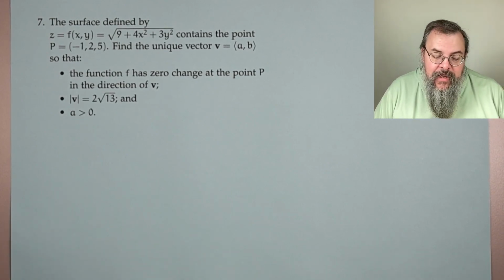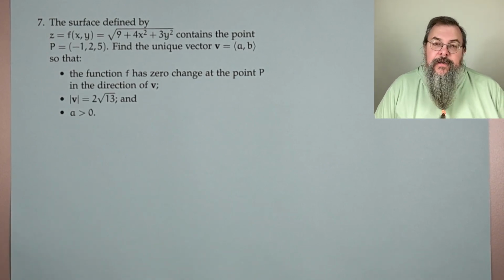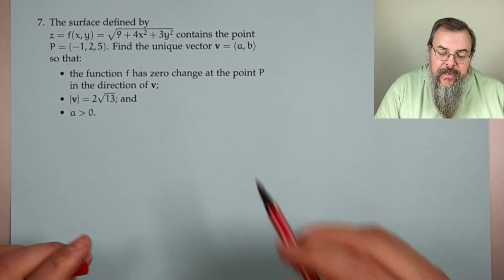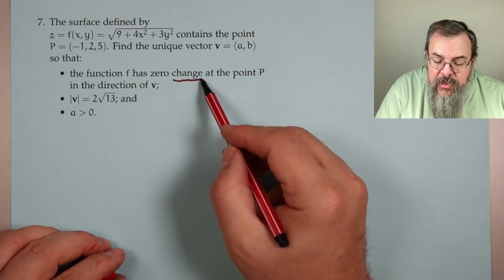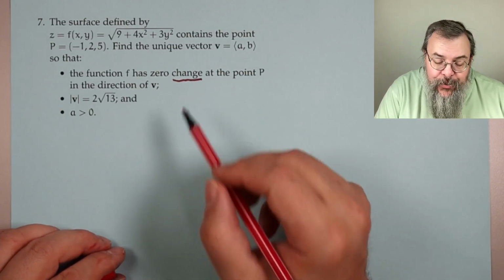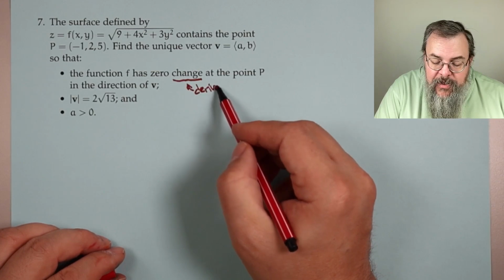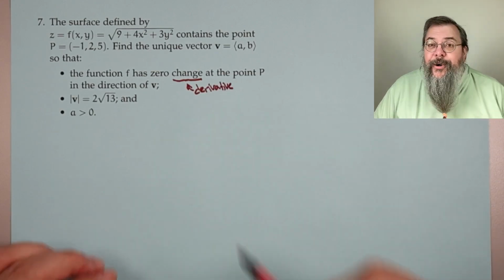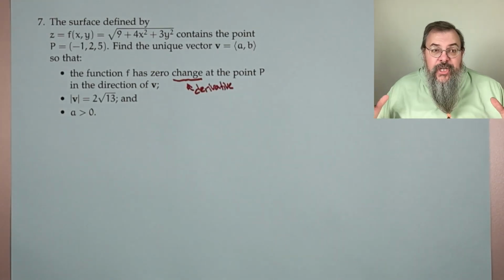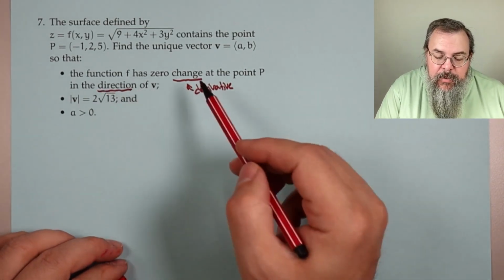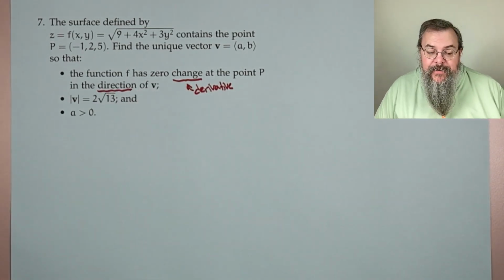All right. Now, let's think about what's going on. So, change, that's secret code. Derivative. All right. There's all these ways to say derivative. Change, that stands for derivative. Direction plus derivative, directional derivative.